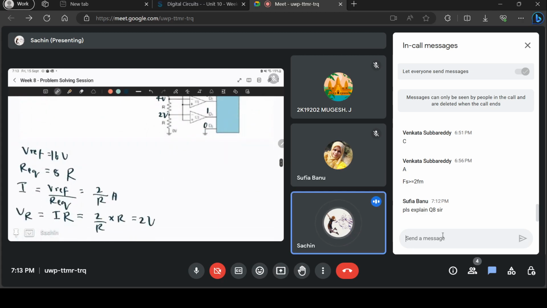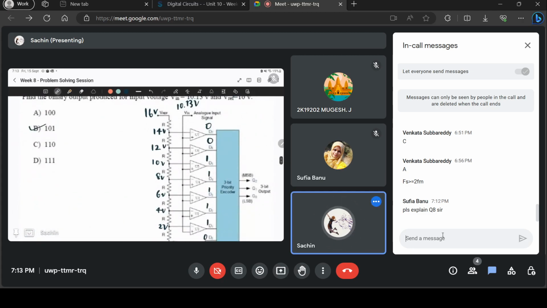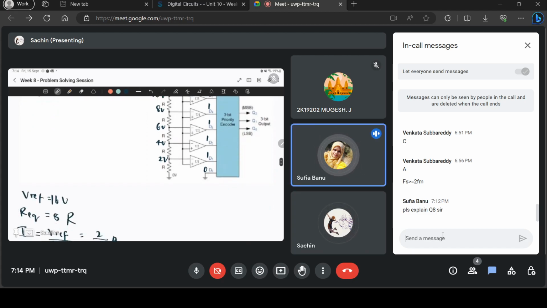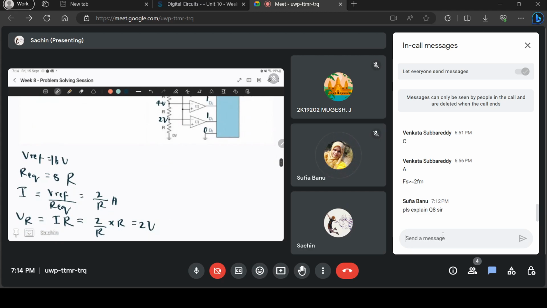See, first of all, do you know how this triangle shaped circuit works? That thing is called a comparator.